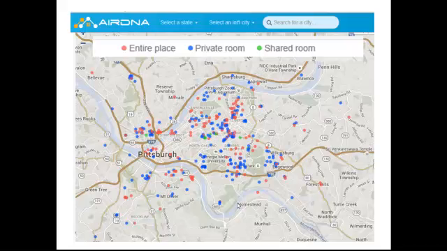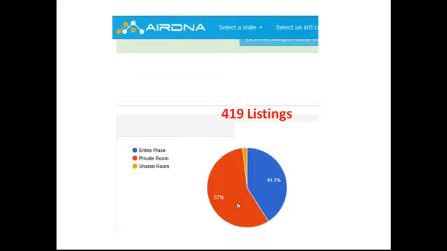Say you're in a studio and you had a twin bed in that studio, you could actually do that. So very few of those, but they do exist. You can see these dots are placed over the map so you can find out where your competition is. You would want to run such a map in AirDNA for your town to see how things look.